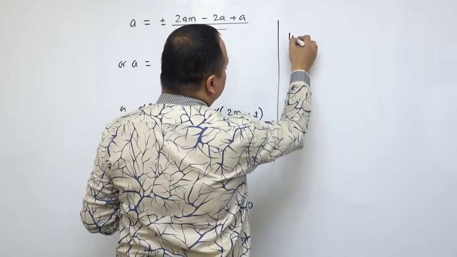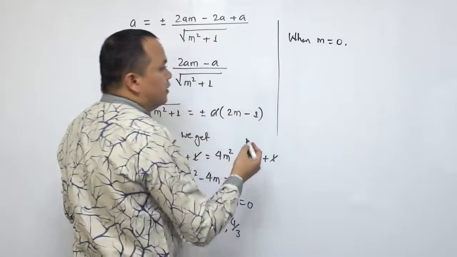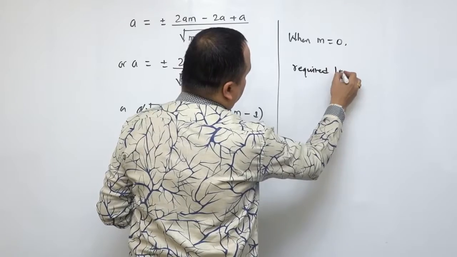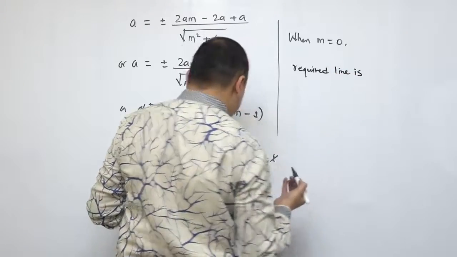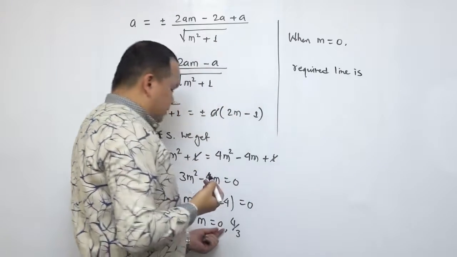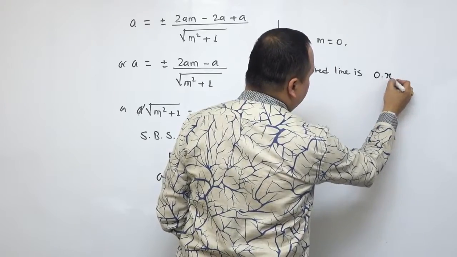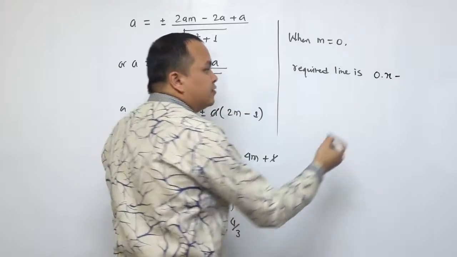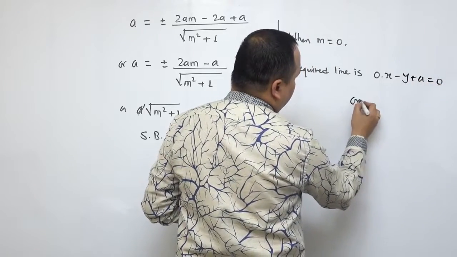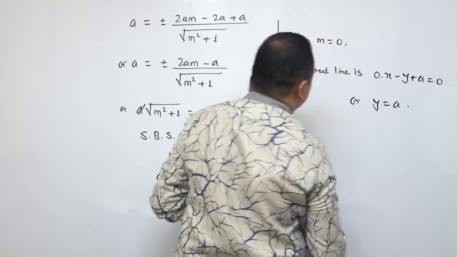When m is 0, the required line from equation I, mx, m is 0, 0 into x minus y plus a is equal to 0, or y is equal to a.